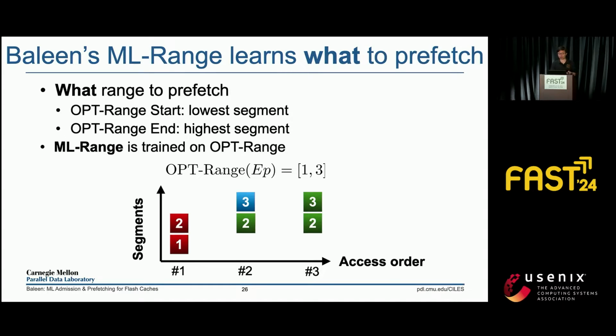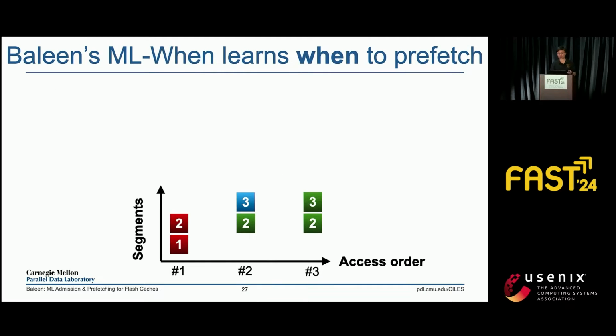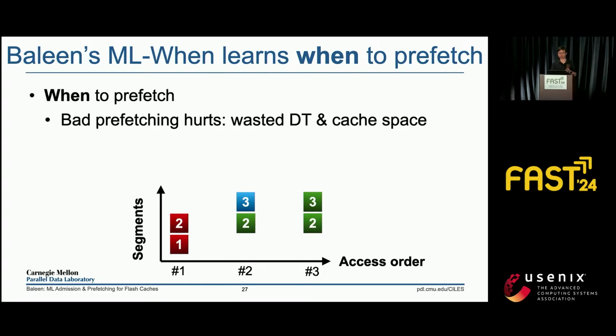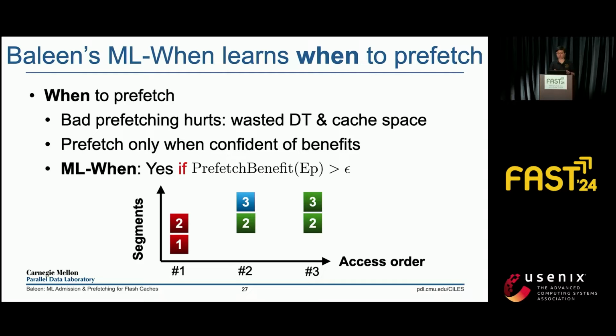You need a good admission policy, because prefetching on top of a baseline admission policy will actually hurt instead of help you. And it's not enough to predict the range, because the range could be quite different from optimal. The ML model will make mistakes. So we needed an extra ML model to estimate how confident we are in our prediction, to decide whether to proceed with prefetching or not.